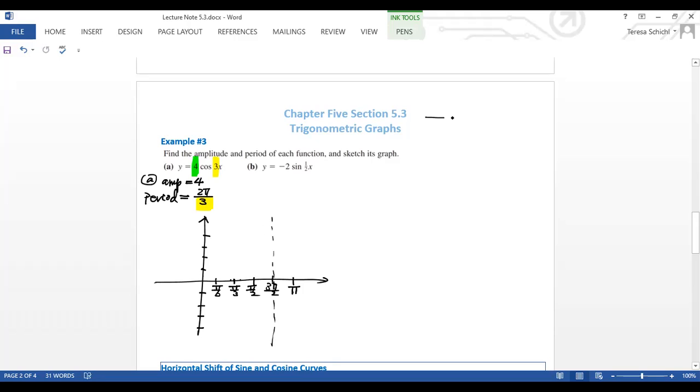From my cosine graph, we always divide it into 4 intervals. So I'm going to divide it into 4 intervals. First I divide it into half. This is 2 pi over 3, I'm sorry. So 2 pi over 3 divided by half is pi over 3.